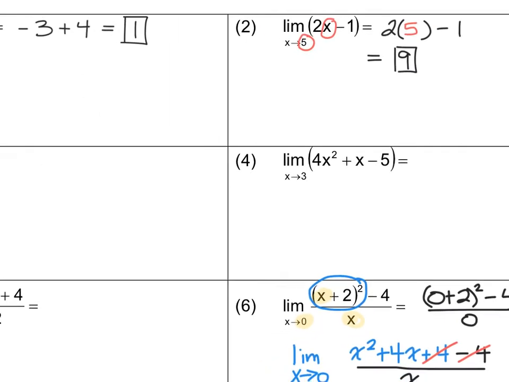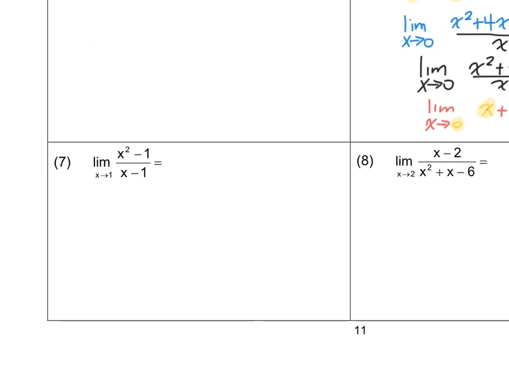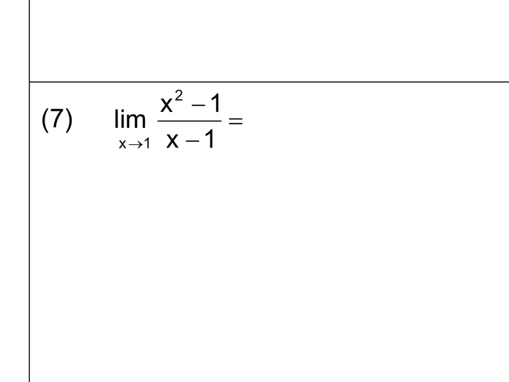So let's take a look at a case, something kind of middle of the road, where perhaps you can't just do a quick substitution and call it a day. Like number 7. If I plug in the ones, I get 1 squared minus 1 over 1 minus 1, which is 0 over 0.